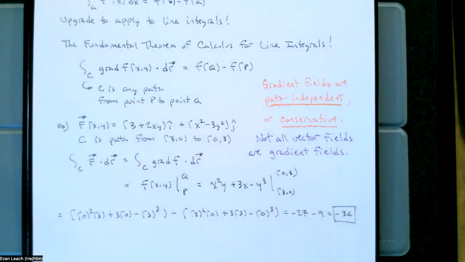So how many fundamental theorems of calculus are there? After this, there are two more. So in vector calculus, we have three fundamental theorems. That's a lot of math for an engineering class.